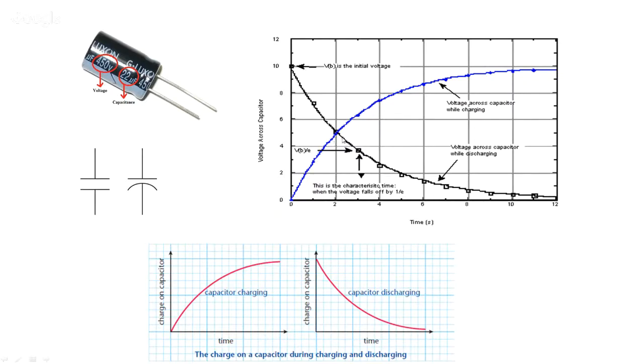Slowly the charges build up in the capacitor, and with time it is going to reach a steady value. Similarly, when the capacitor is discharged, you can observe here slowly the charges are going to die down or decay. So this is another representation of charge versus time. This is capacitor charging and this is capacitor discharging.